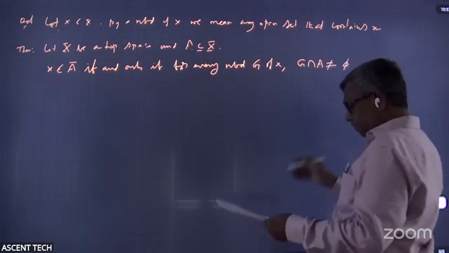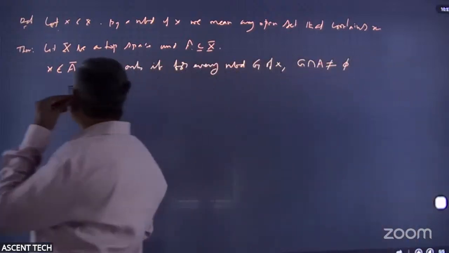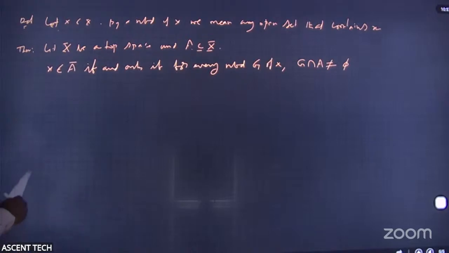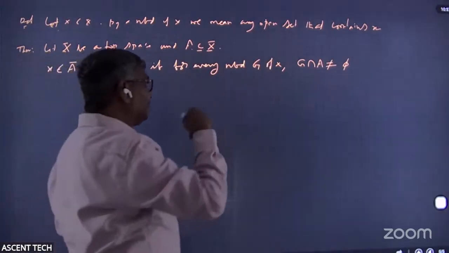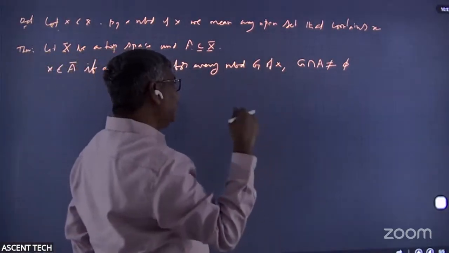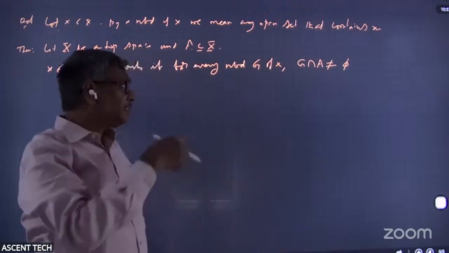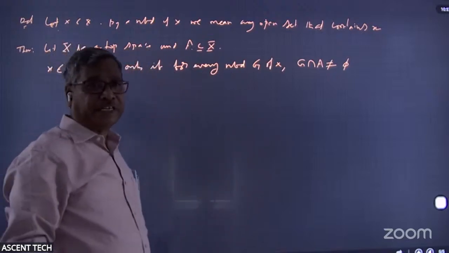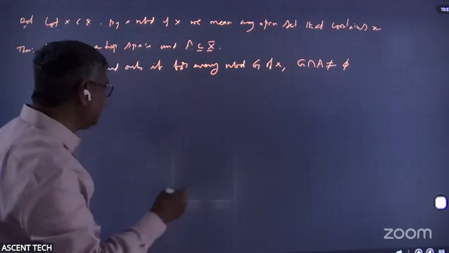That's all. With the closure, every neighborhood G of x is going to have a non-empty intersection with the set A. That's when x is in A bar. It's very easy to prove.